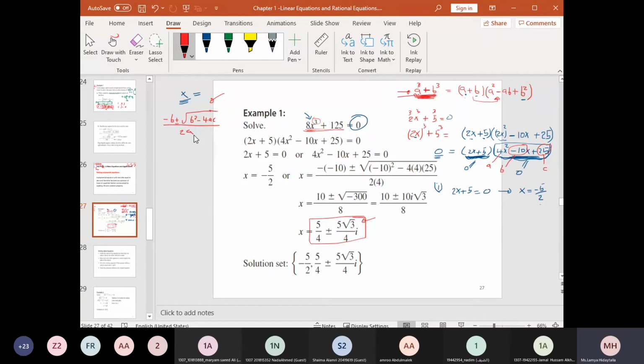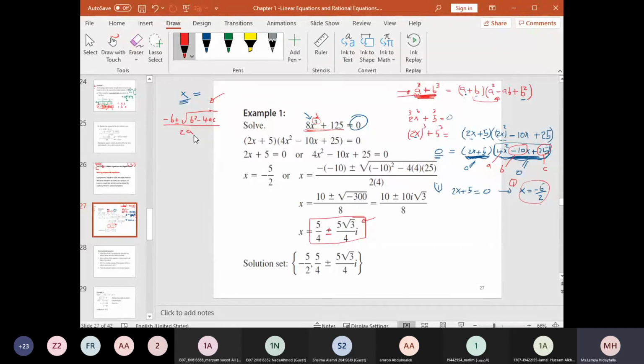So the first solution is this one, the second is the one with the positive, and the third is the one with the negative. So I have three solutions, because its order is 3. At most you can get 3 solutions when the power is 3.